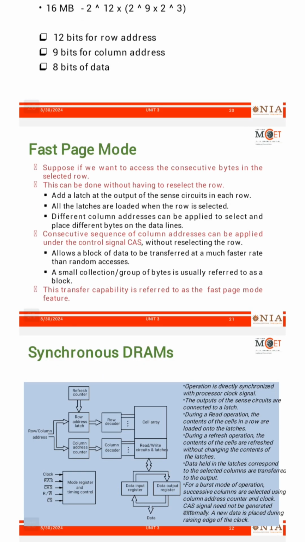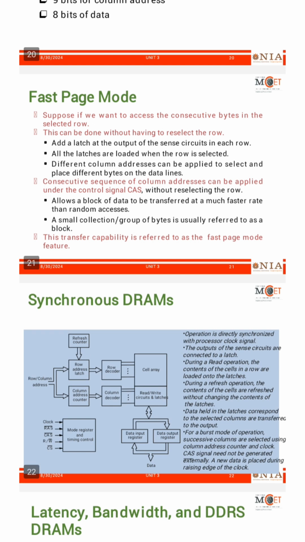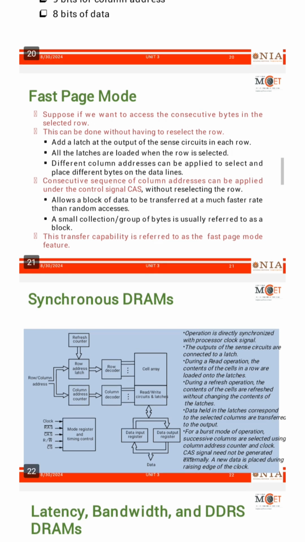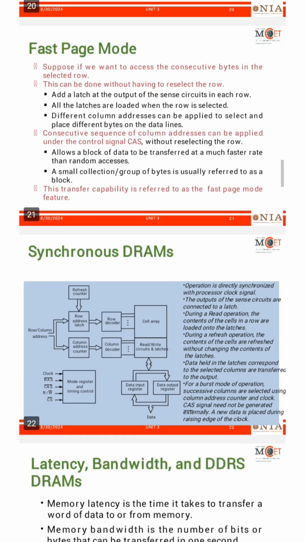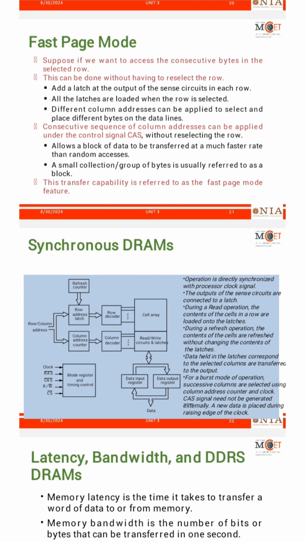Next comes the synchronous DRAM. In the synchronous DRAM, the individual row address line can be decoded using separate clock pulses, and it can be converted into separate clock signals.